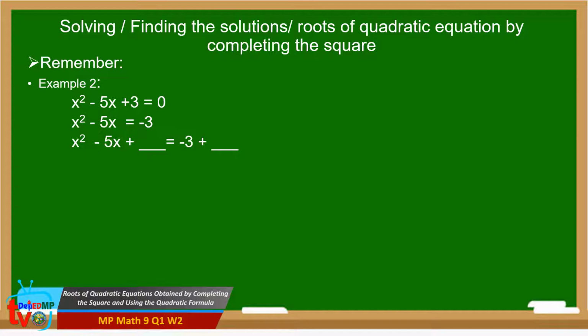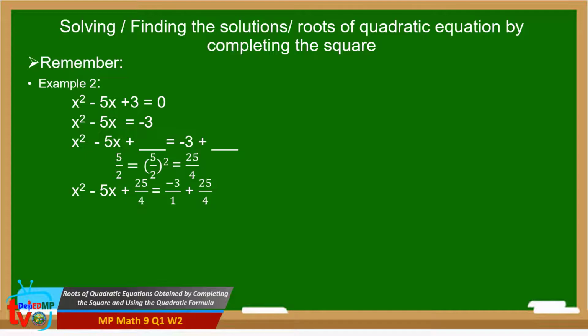Then, we complete the left side to make it a perfect square trinomial by using the coefficient of the linear term or the second term 5, whether positive or negative. Then, 5 divided by 2 is still 5 over 2. Next, 5 all over 2 to the second power is 25 over 4. We add that 25 over 4 to both sides of the equation.